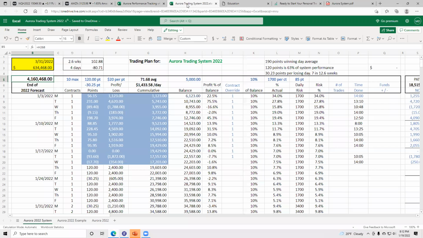Yeah, you can see that right here, Rob. We've had a couple of losing days, but that brings the balance to 22,203.